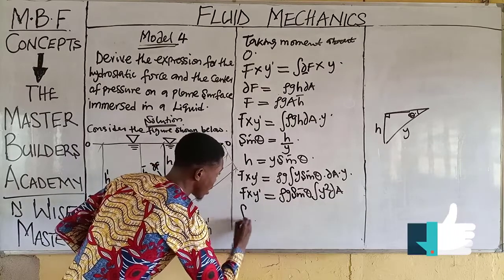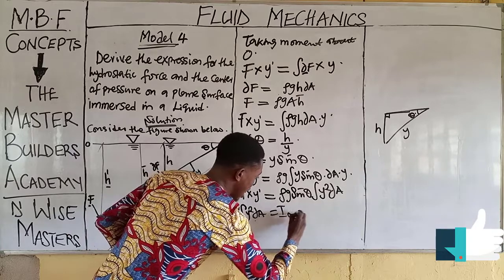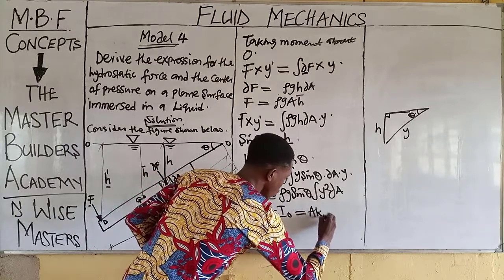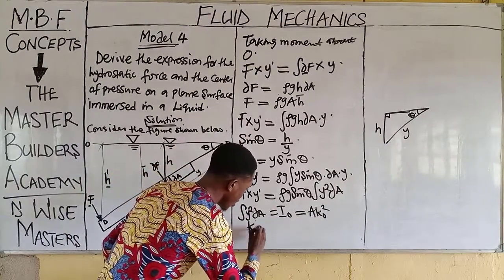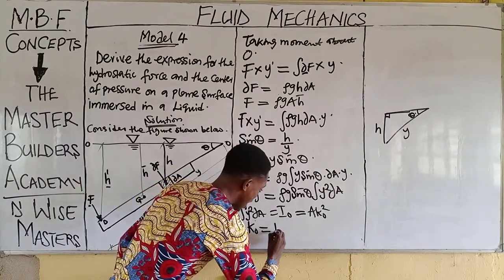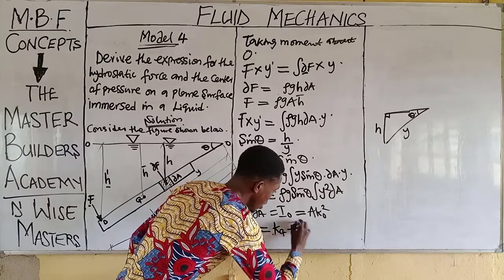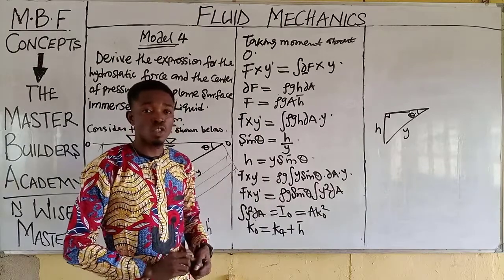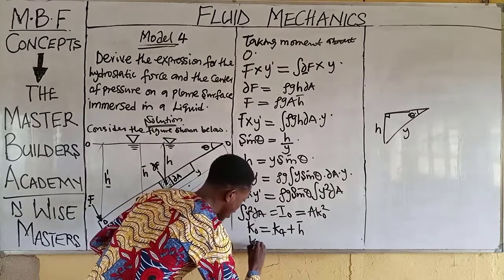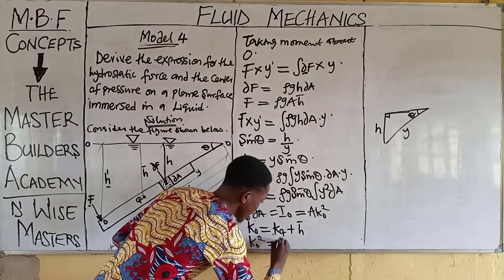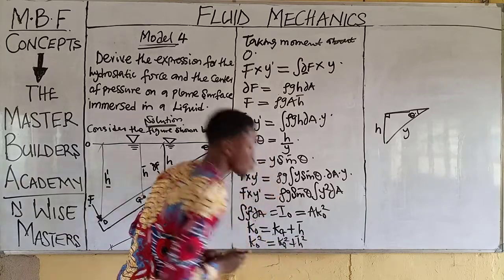Then we have, recall that integral of Y squared dA is equal to I naught, and I naught is equal to A K naught squared. When we further express this, we know that K naught is equal to Kg plus the centroid. And now, if this is squared, then we have K naught squared is equal to Kg squared plus h bar all squared.